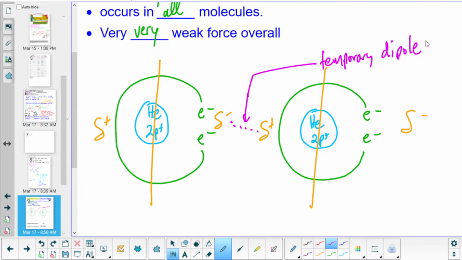Anything with electrons has this force. If you have a permanent dipole, that is just so much larger and so much more important than this. You don't really consider this unless it doesn't have that. So this is a temporary dipole.